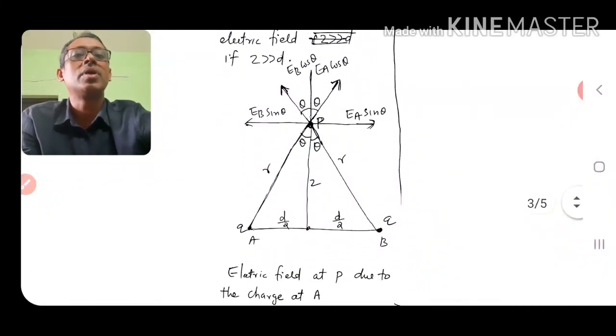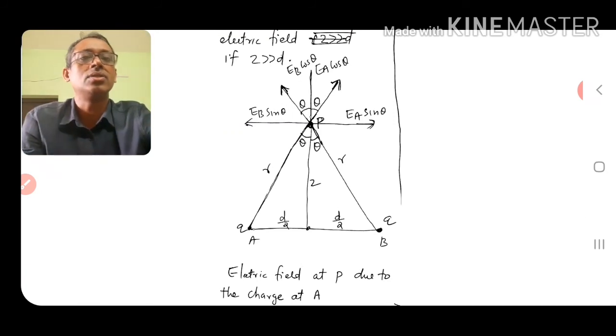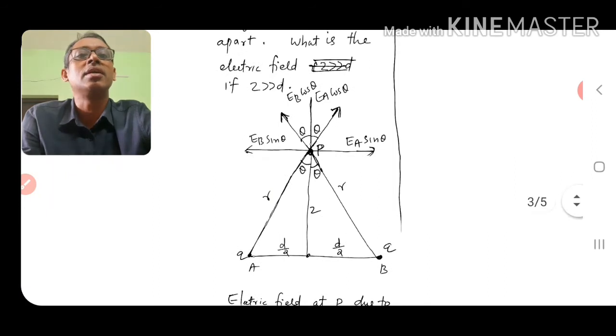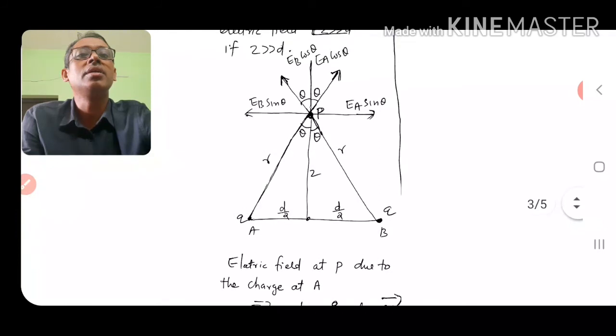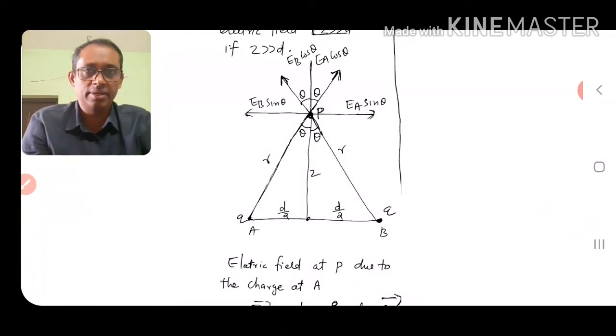For EB also, the parallel component will be EB sin theta, and the perpendicular component EB cos theta.